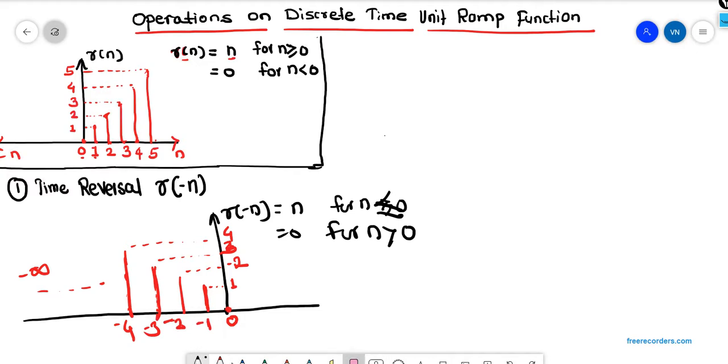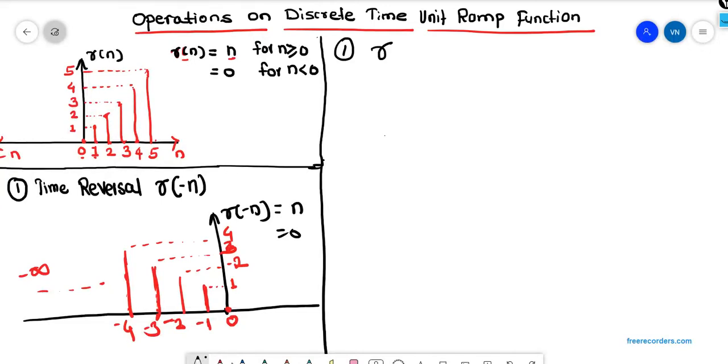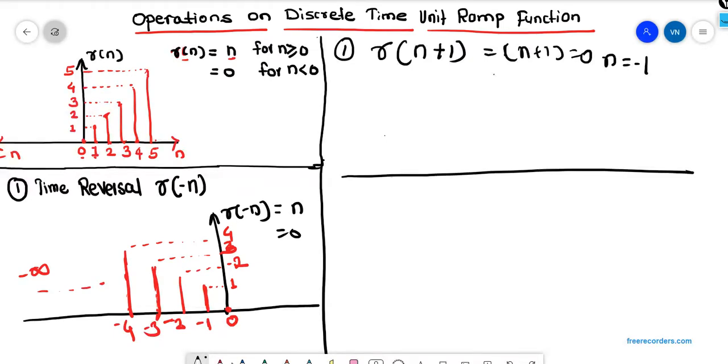Now the next operation that we are going to see: if we want to write r of n plus 1, then n plus 1 equal to 0 gives n equal to minus 1. So basically we have to shift that signal by minus 1. That signal will start from minus 1.